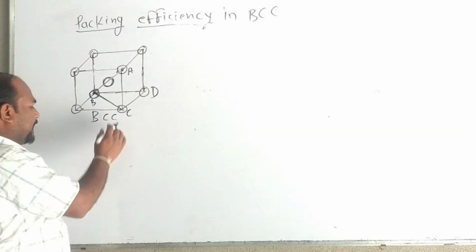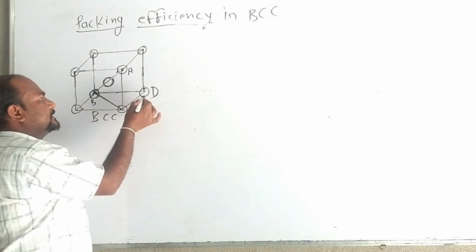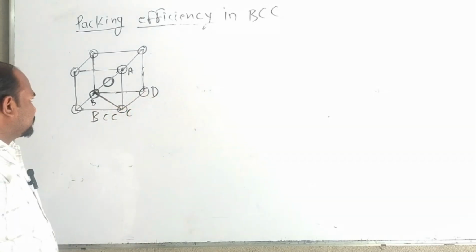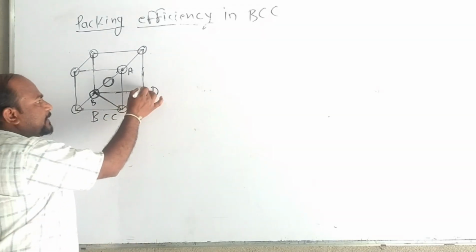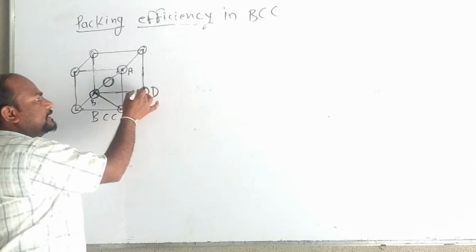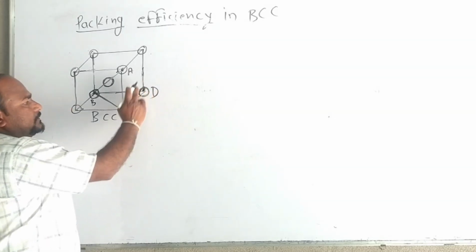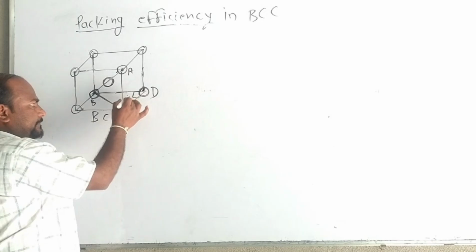Okay, look at this triangle BCD. In this triangle, suppose the particle at this corner creates a 90-degree angle here.